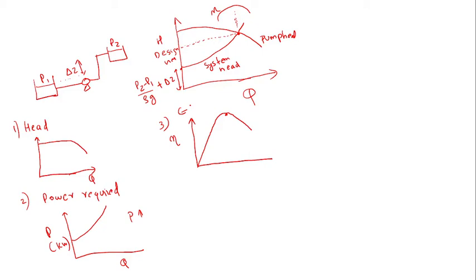The efficiency first increases and then decreases, and the point where it is maximum is known as the best efficiency point.